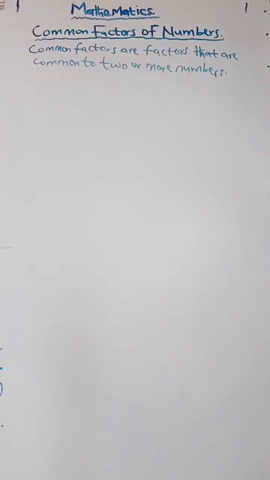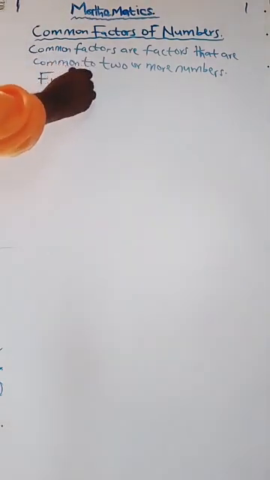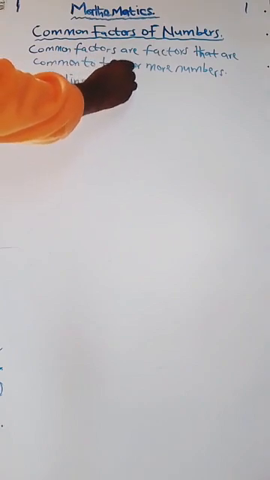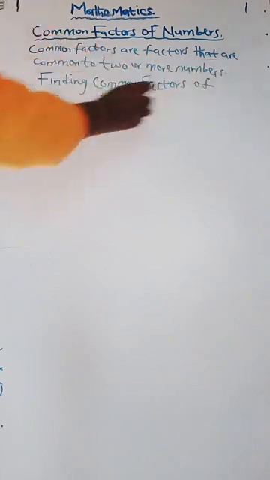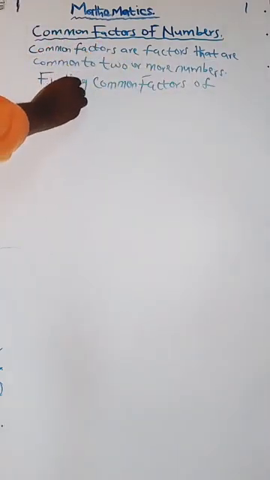And we all know that a factor is a number that can divide another number without any remainder. How can we find common factors of numbers?